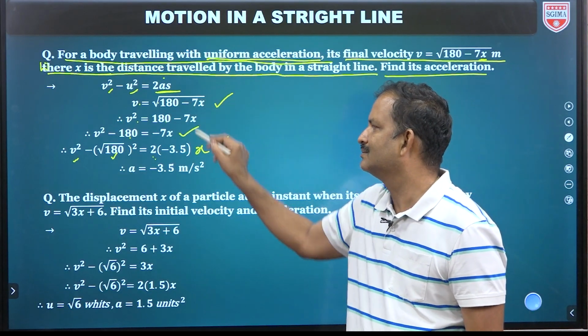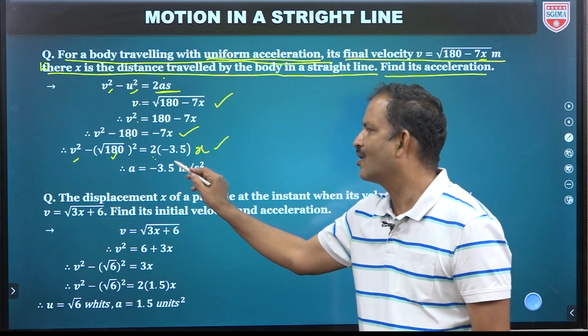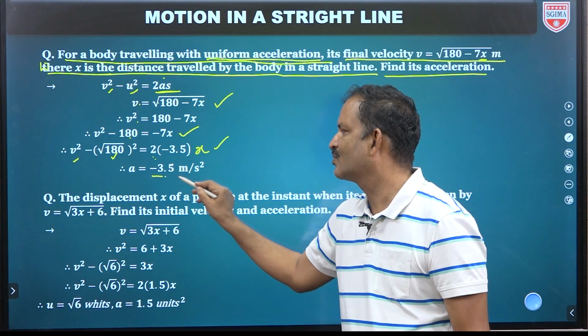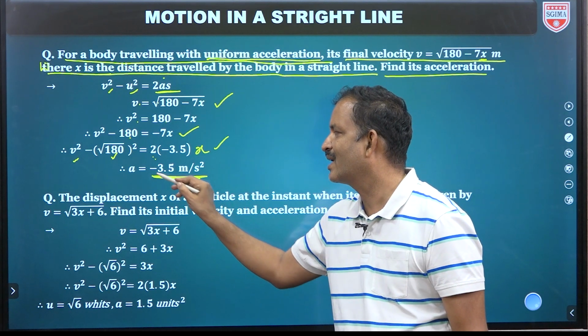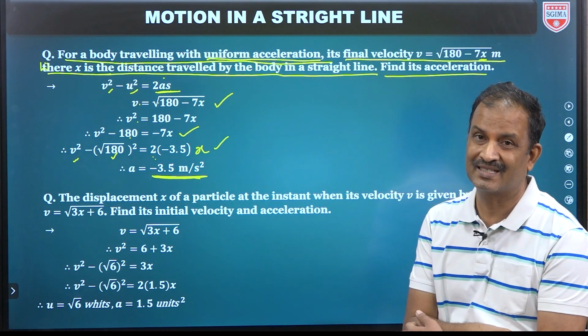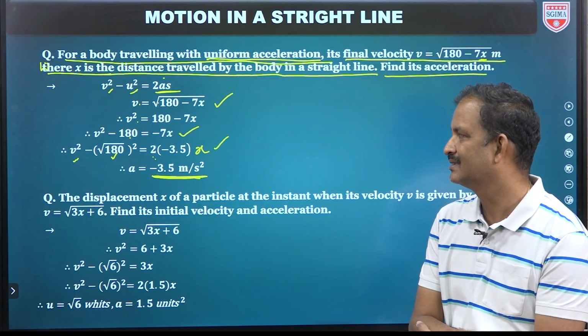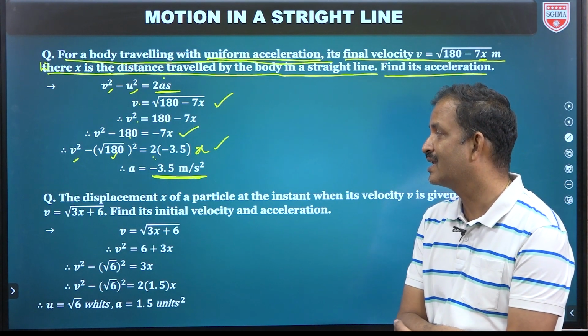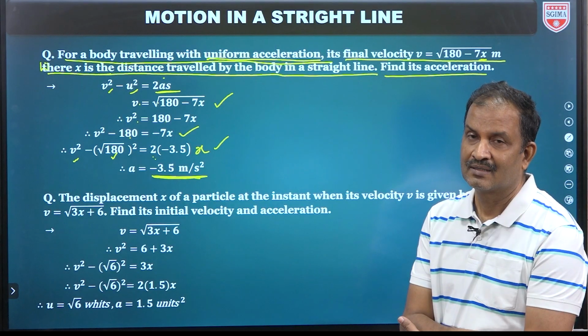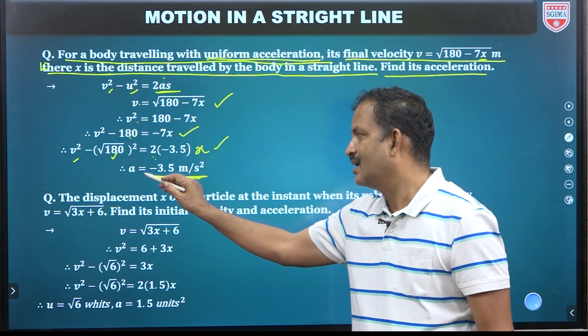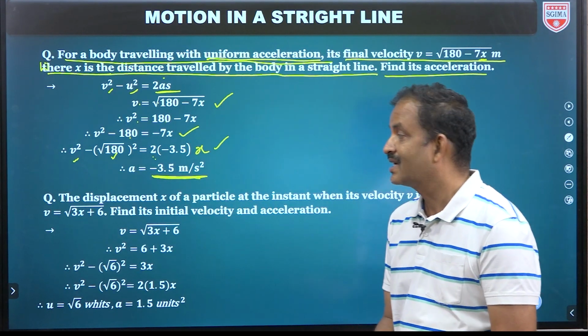X is S. Then I got acceleration is minus 3.5 meters per second square. Minus indicates retardation, deceleration. Velocity is gradually decreasing. Negative acceleration means retardation.